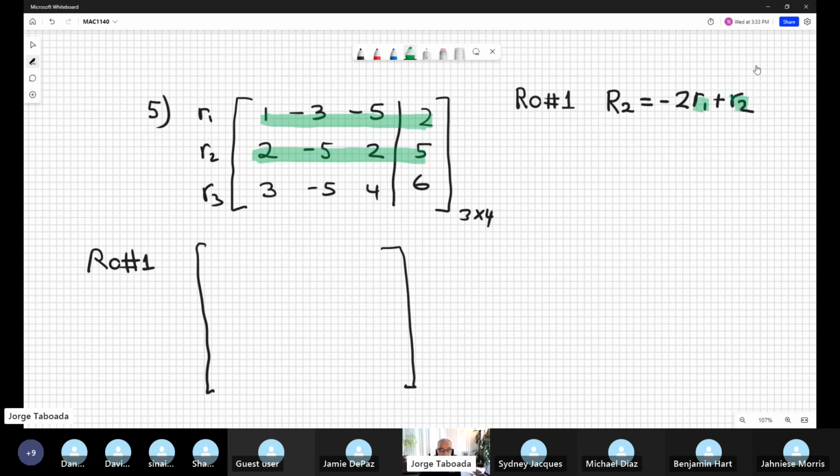However, row 2 is special because it's the row that changes. So the only row that changes is 2. Once it changes, that means that 1 and 3 stay the same. I copy 1, minus 3, minus 5, 6, 2. This participates, but doesn't change. 3, negative 5, 4, and 6 stay the same.